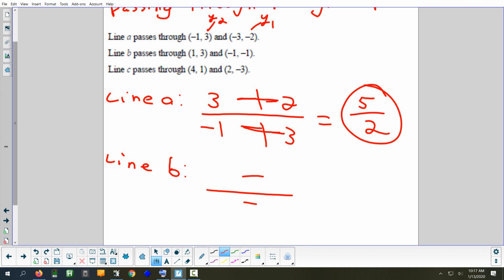So line B, we're going to focus on that. 3. Yep, we can do 3. What about in the upper right? Yep, so we've got the 3, the -1. Good. How about bottom left? 1. And bottom right?